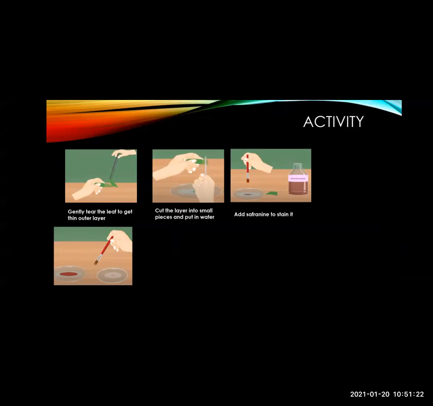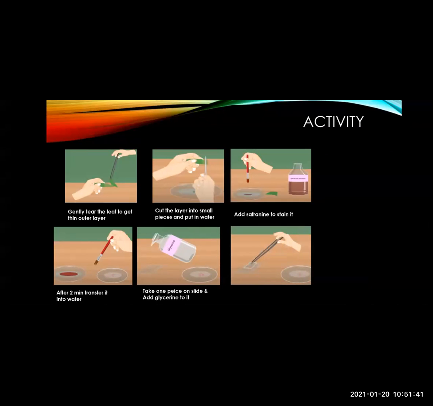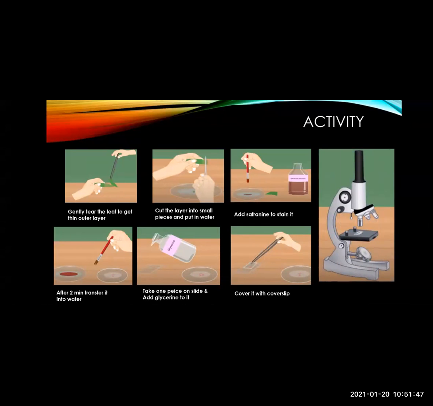After 1 minute, transfer that stained piece of leaf into the water again and take it on the slide. Then add a drop of glycerin and cover it with the cover slip in this way. After covering with the cover slip, observe it under the microscope, and that was what you were able to see.